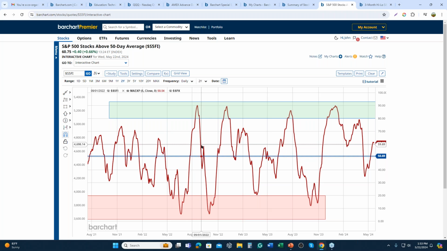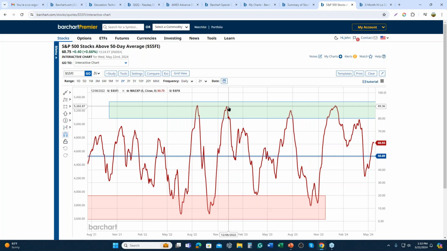And if it falls through 60 and goes past the 50 line, it should go to the opposite extreme. And on the other side, if it falls below 20 and gets back above 20, then it should move back closer to 60. And then if it gets back to 60, it'll go back to 80.